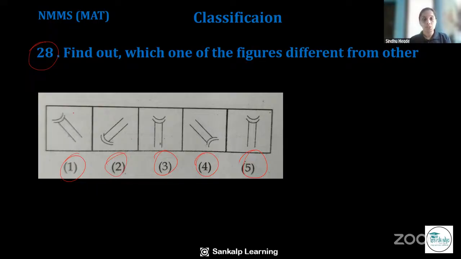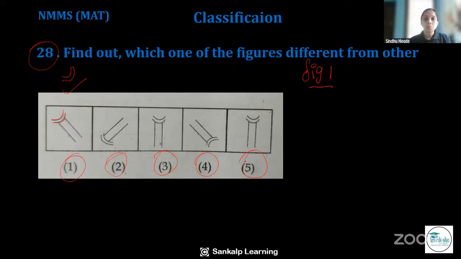Come to image 1, figure 1. Here two parallel lines are there, covered with curved lines. We consider this a curved cap. This curved cap is attached to the open end of the parallel straight lines, and see their direction: both caps have the same direction.